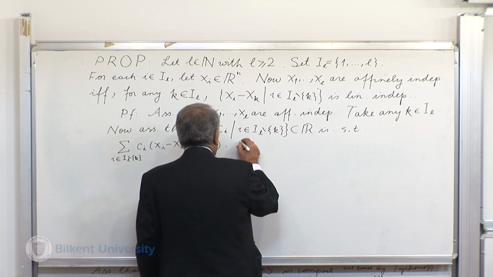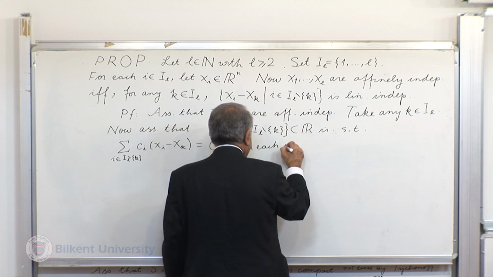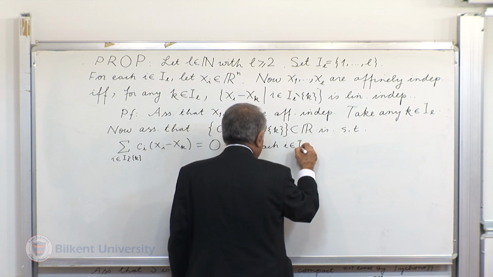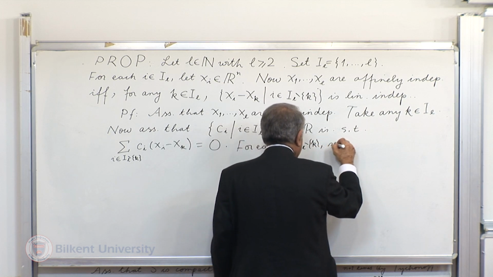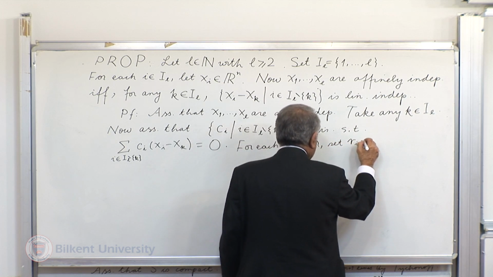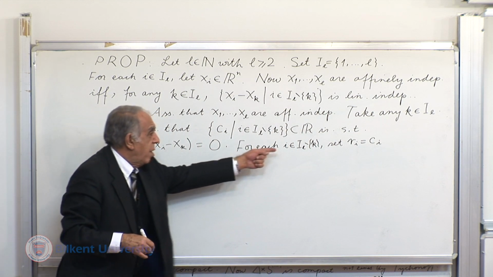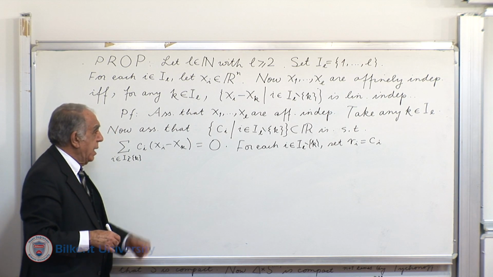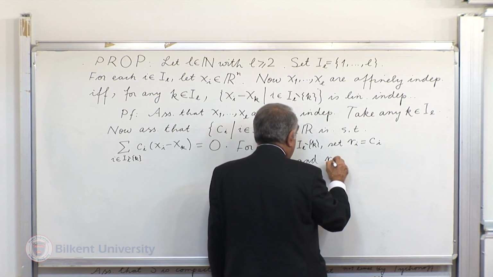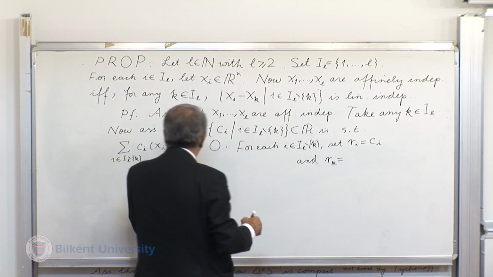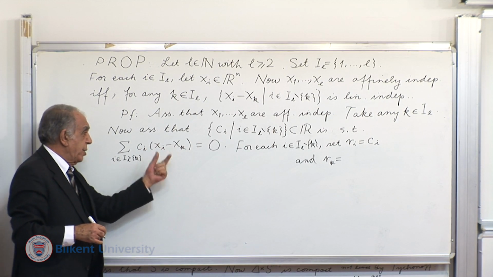Now, for each i in I_L minus k, set r_i equal to c_i, because these are the coefficients of all such members, and r_k, this now occurs in each of these terms.